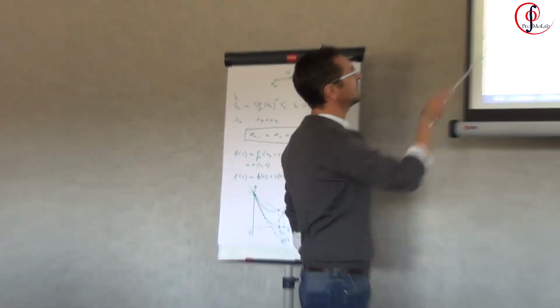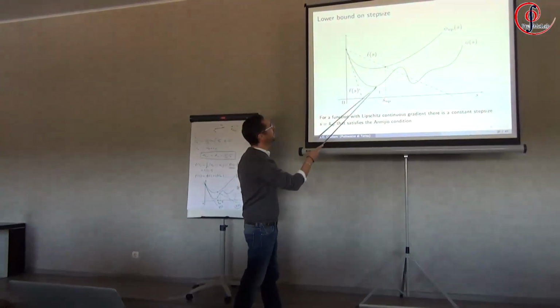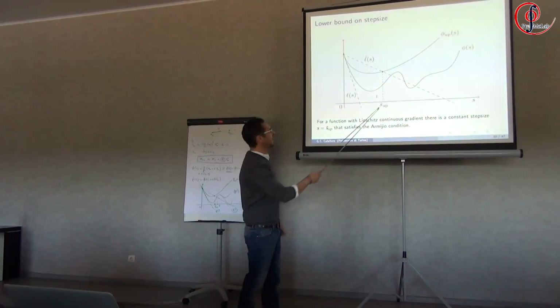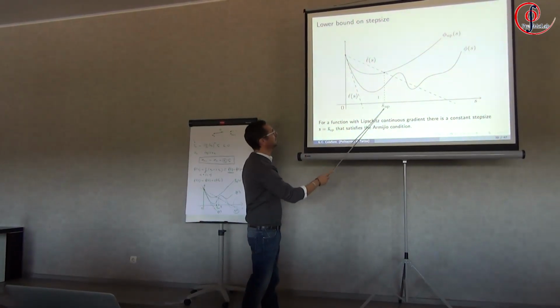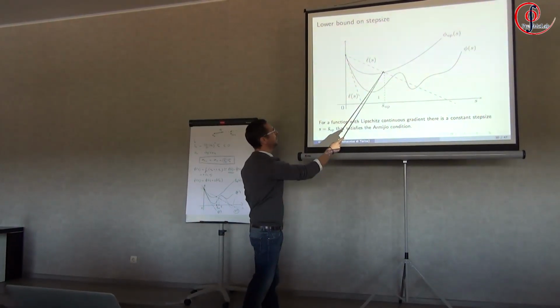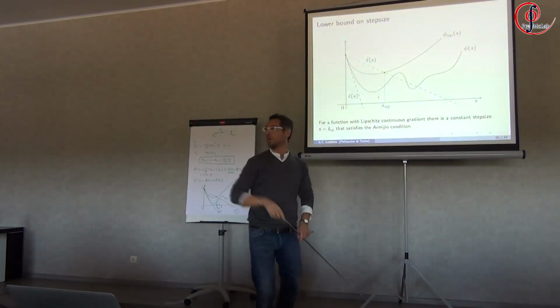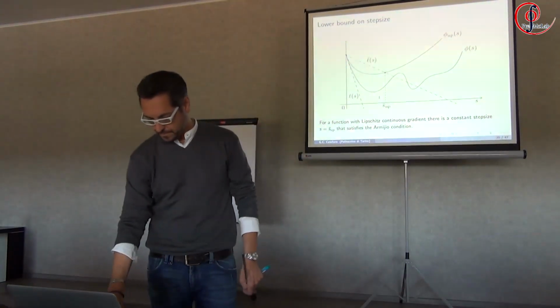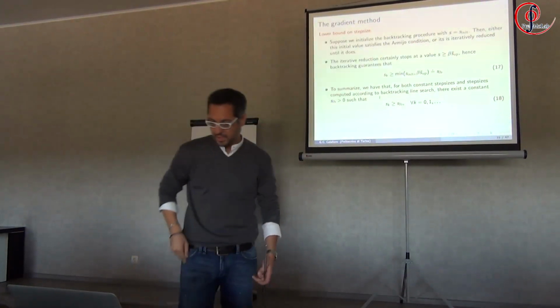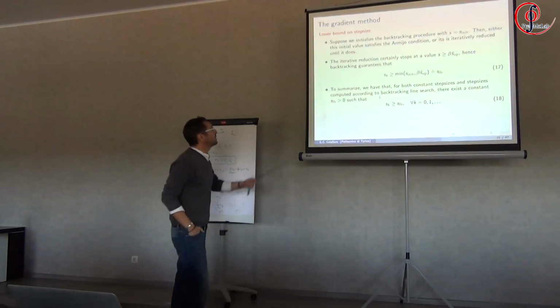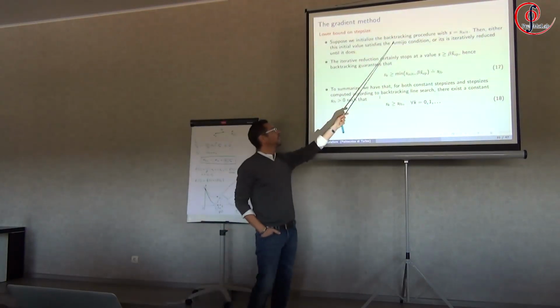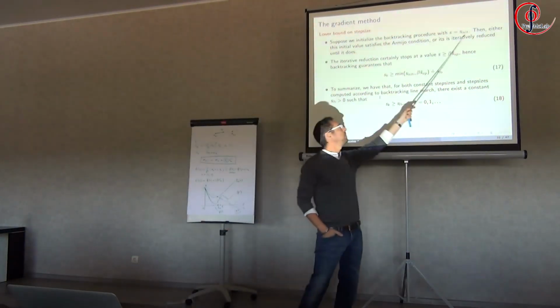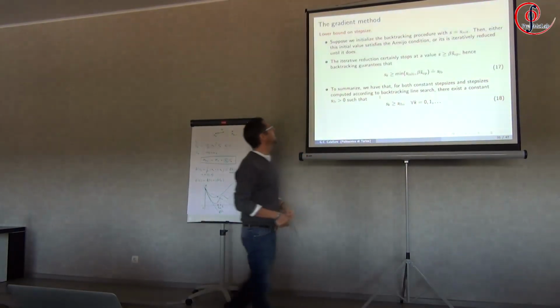The tangent line at 0 of phi and of phi up, and this is our S up bar, which is the point where L bar crosses the overbounding function here. So again, suppose that we initialize the backtracking procedure with some initial step size.